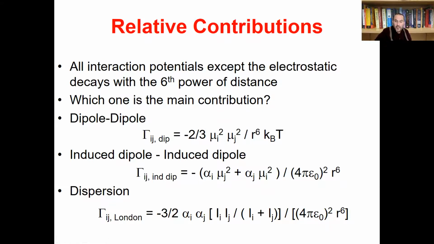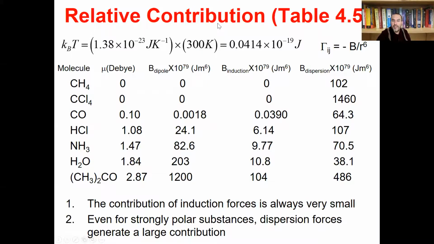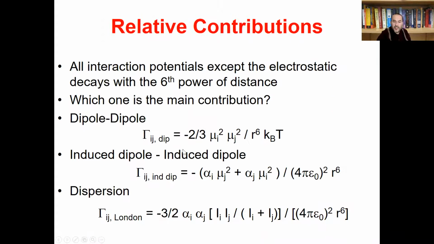This next table, again from Prost's book, is at this temperature, and this is the Boltzmann constant. Suppose we call the parameters other than r to the 6 as b.